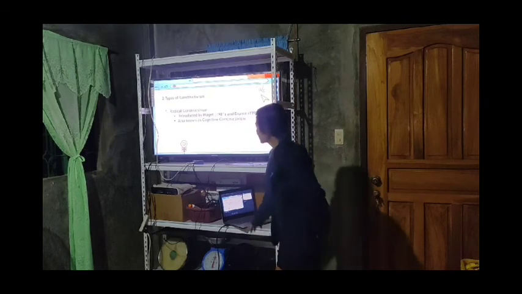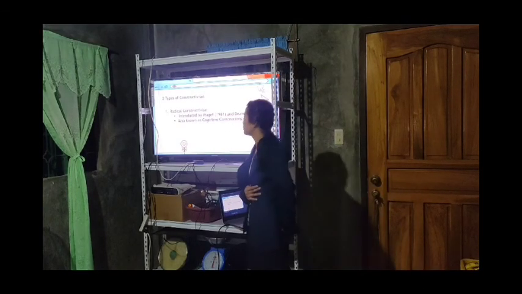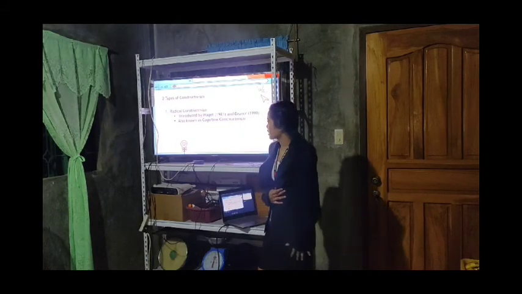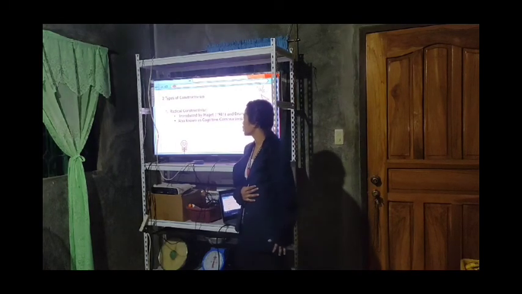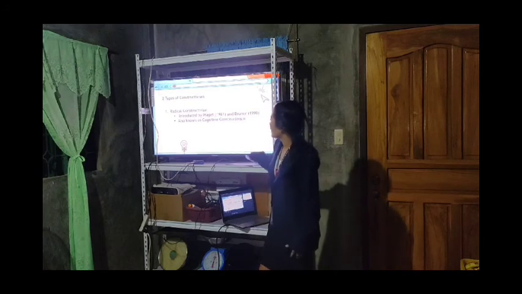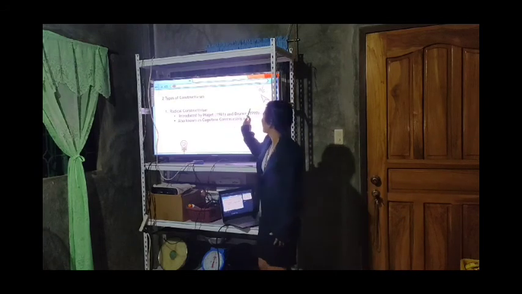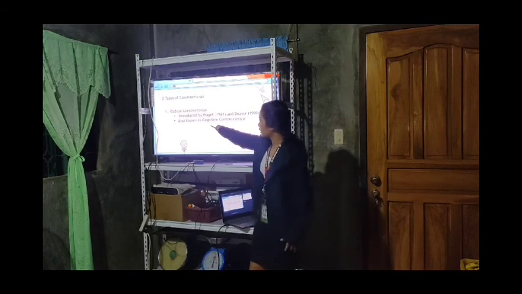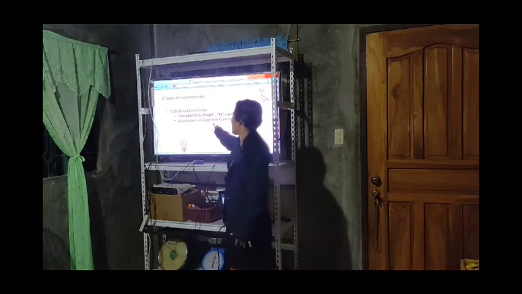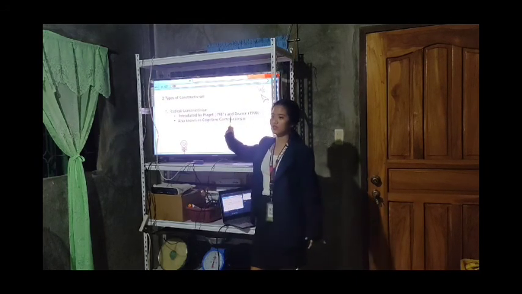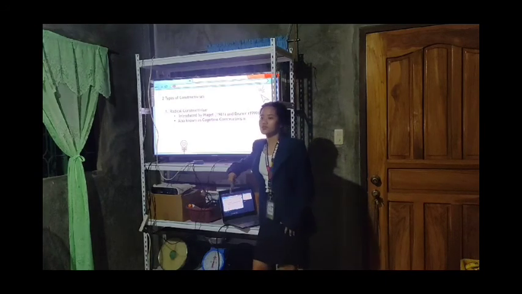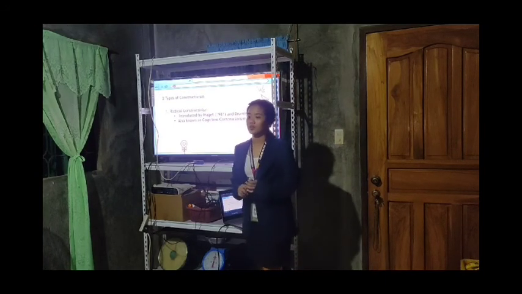The first one is radical constructivism. Radical constructivism is introduced by Piaget 1981 and Bruner 1990. It is also known as cognitive constructivism. What does it mean?